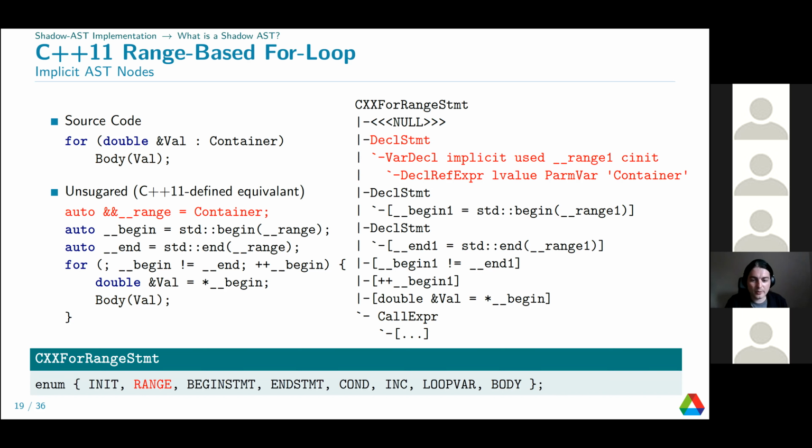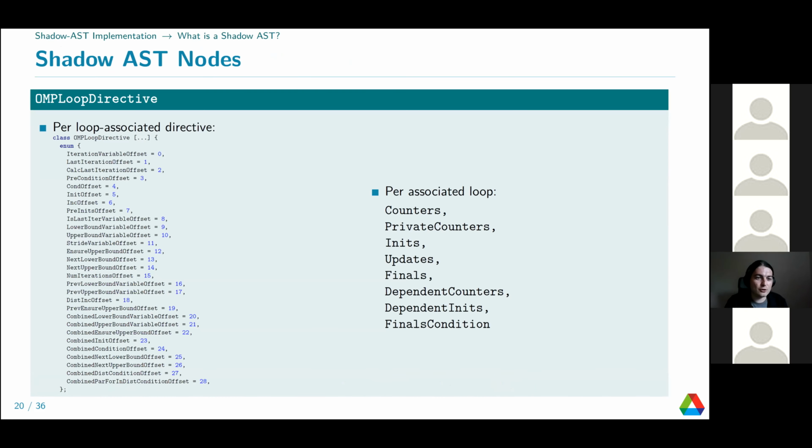At the bottom, you see a list of implicit and explicit AST nodes in the Clang source code. The OMPLoopDirective is another beast here. It does have 37 implicit AST nodes, and some of them are per associated loop, so there can be more.